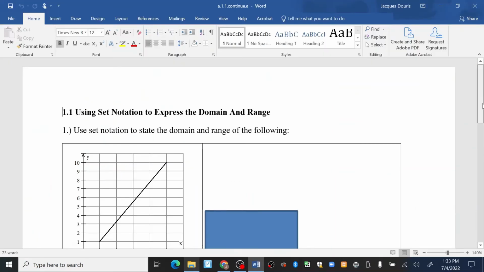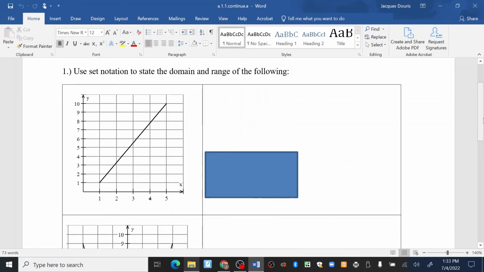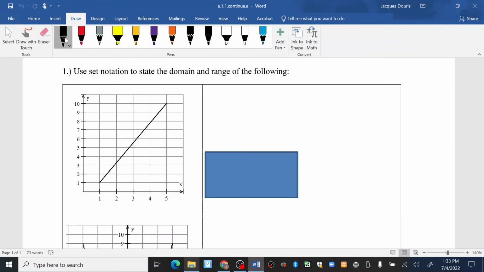Now sometimes I'm going to do the same graphs again, and sometimes you'll see an open circle. Sometimes you'll have a closed circle. So what does that mean?